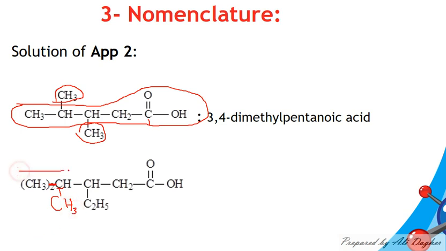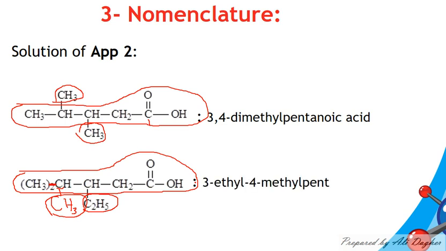The main chain is formed of 1, 2, 3, 4, 5 carbon, pentanoic acid. We have an ethyl group and a methyl group, ethyl on carbon 3 and methyl on carbon 4. We write ethyl before methyl, E before M, alphabetic order of alkyl groups. The name becomes 3-ethyl 4-methyl pentanoic acid, the systematic name of this carboxylic acid.